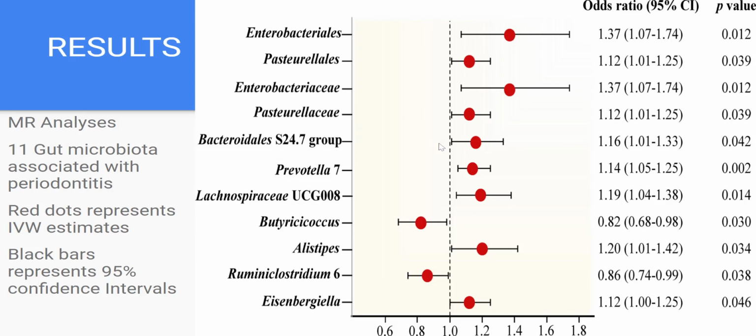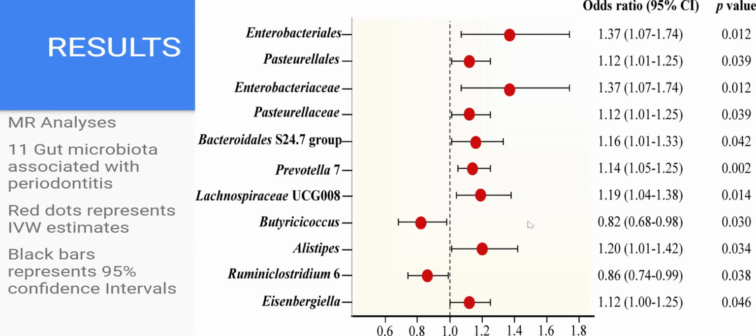The red dots represent the IVW estimates, and the black bars represent the 95% confidence intervals of IVW estimates. It shows the clear odds ratios and the p-values as well.